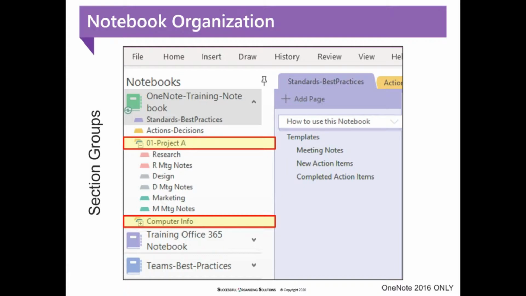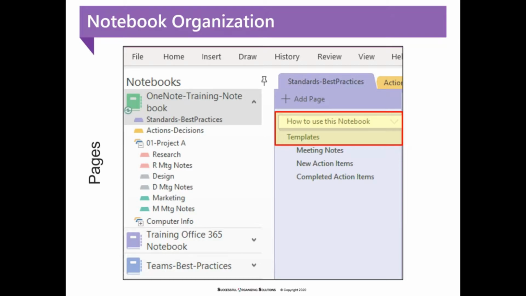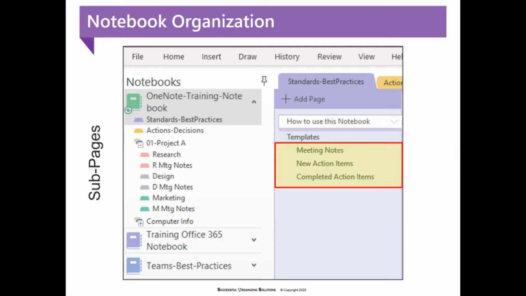Section groups are a third layer, and they allow you to group sections together. Creating section groups is helpful in your notebook when you have a large number of sections. And finally, pages. Pages are added to each section. This is where you add information to your notebook. In all versions of OneNote, you can create subpages.